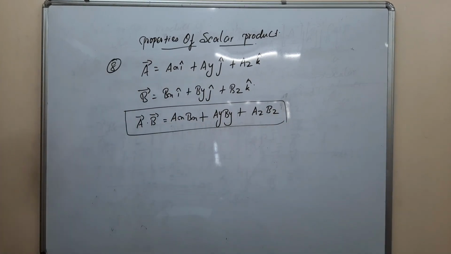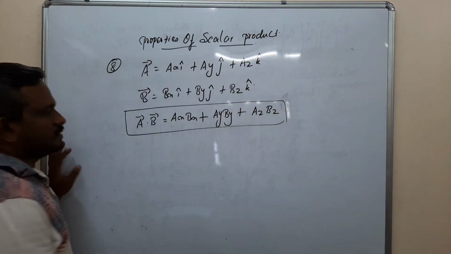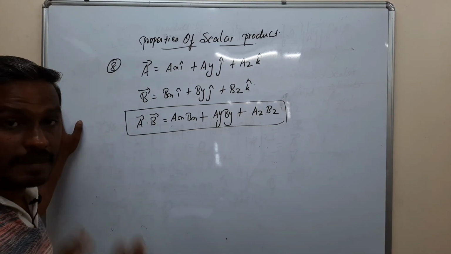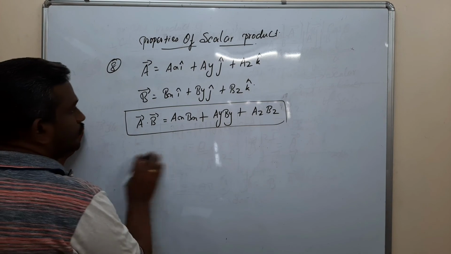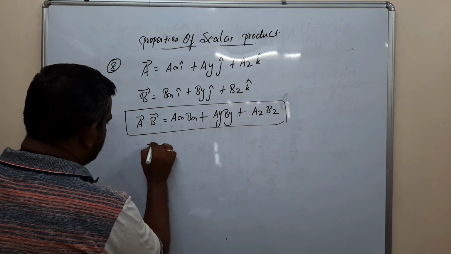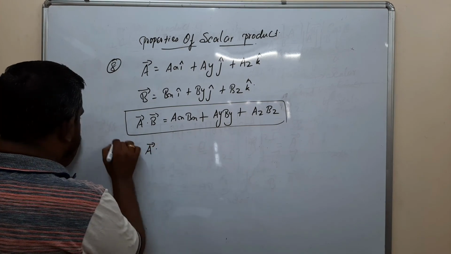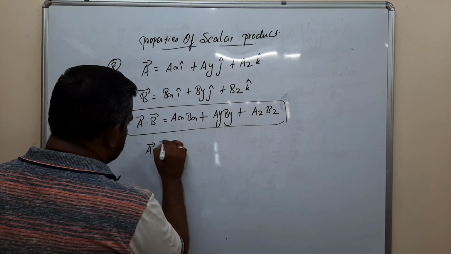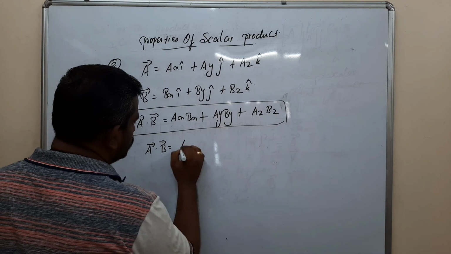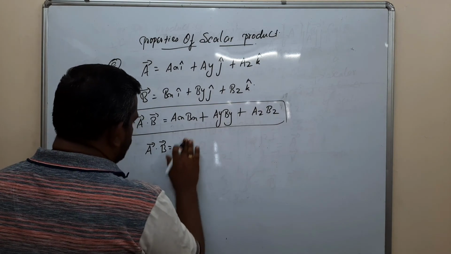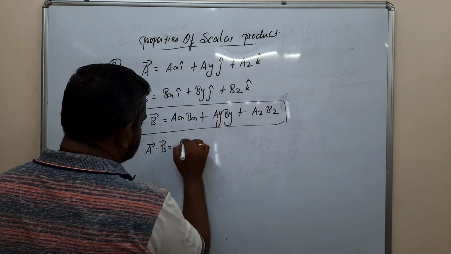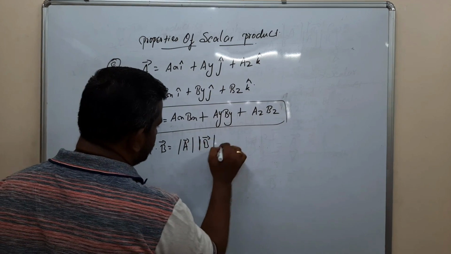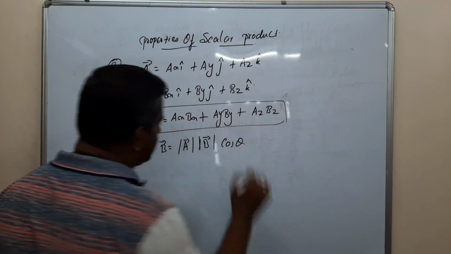Now, what is the angle between the two vectors? How can we find it? We know that A vector dot B vector is equal to modulus of A vector, modulus of B vector, into cos theta.